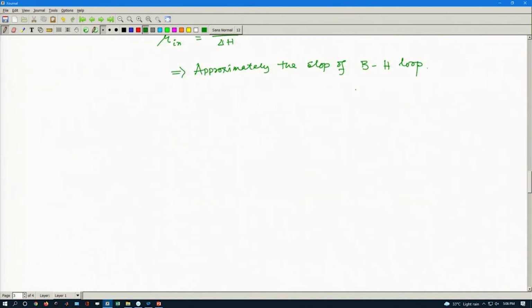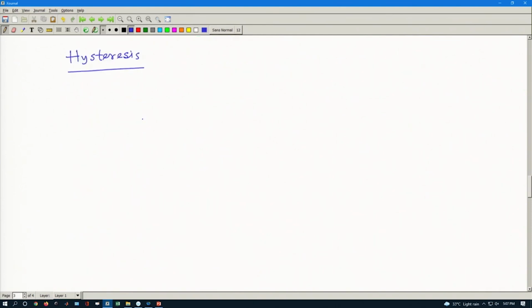Let us understand now the hysteresis in a more detailed manner. Hysteresis. So, suppose I am applying some external magnetic field H, and I placed a material here, a magnetic material, a ferromagnetic material.